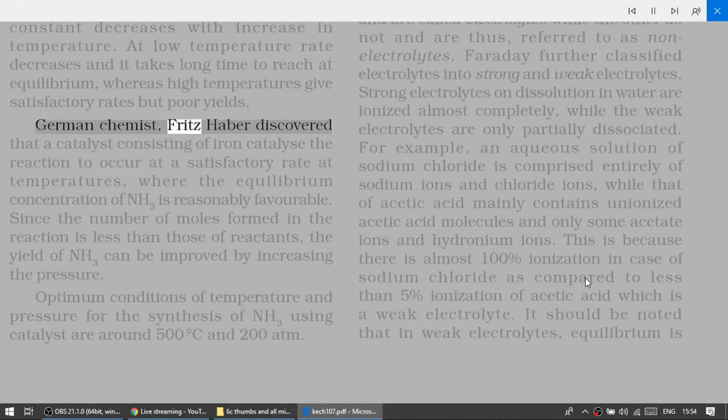German chemist Fritz Haber discovered that a catalyst consisting of iron catalyzed the reaction to occur at a satisfactory rate at temperatures where the equilibrium concentration of NH3 is reasonably favorable. Since the number of moles formed in the reaction is less than those of reactants, the yield of NH3 can be improved by increasing the pressure.